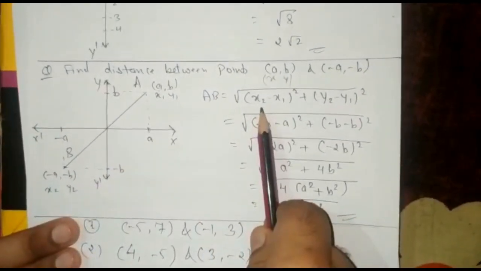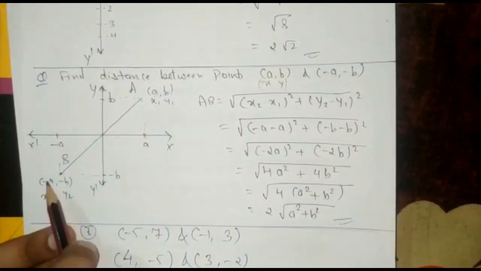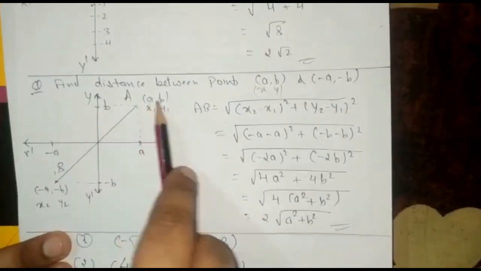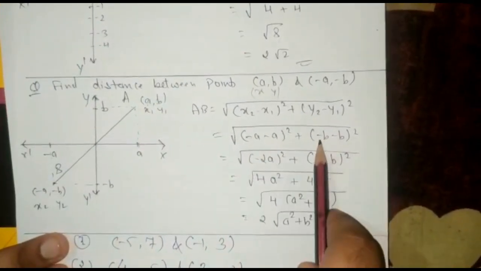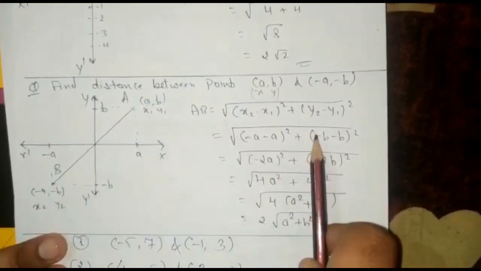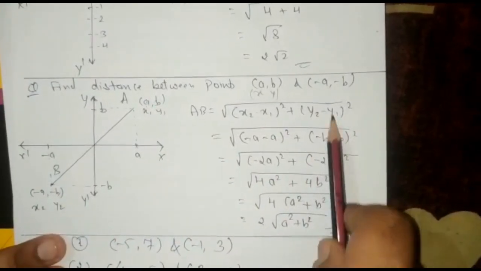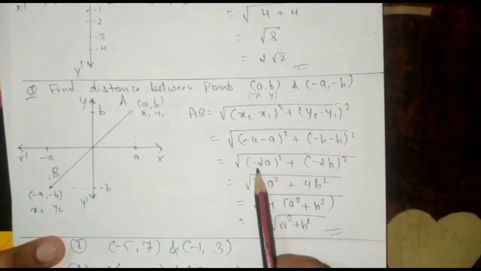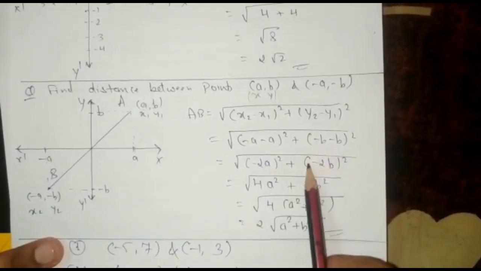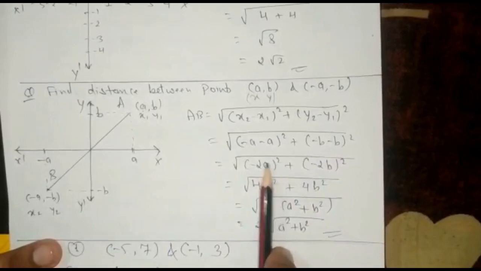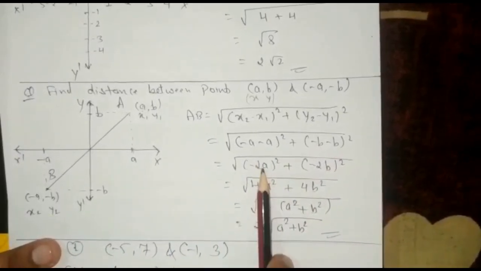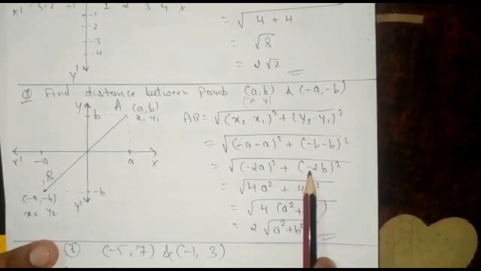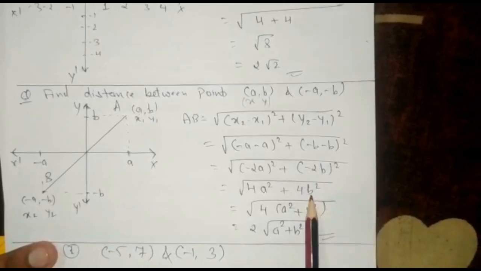So x2 minus x1, where x2 means minus a and x1 means a, gives minus a minus a, which is minus 2a, the whole squared. Then y2 minus y1, where y2 is minus b and y1 is b, gives minus 2b, the whole squared. The square of a negative number is a positive quantity, so 2 squared will be 4 and a squared is a squared; similarly 2 squared will be 4 and b squared is b squared.